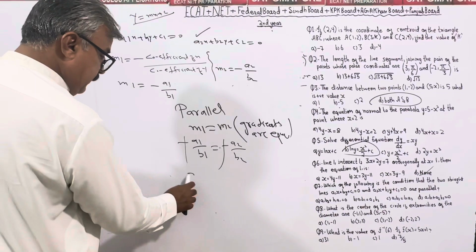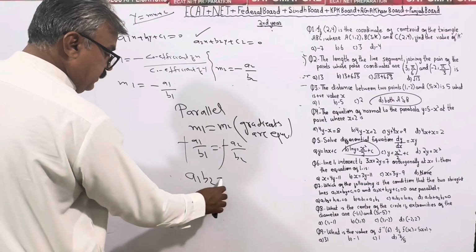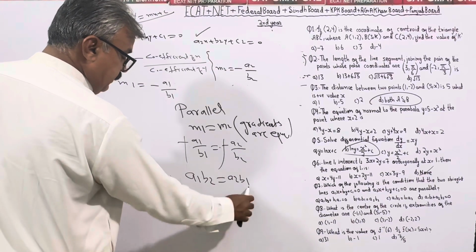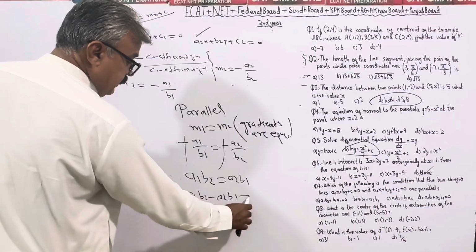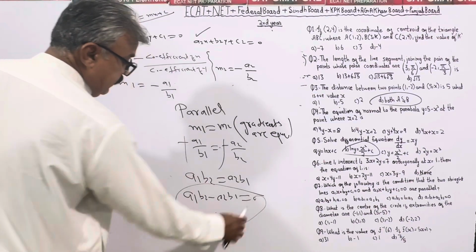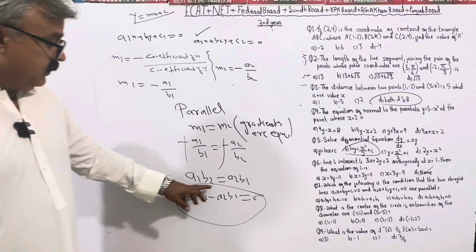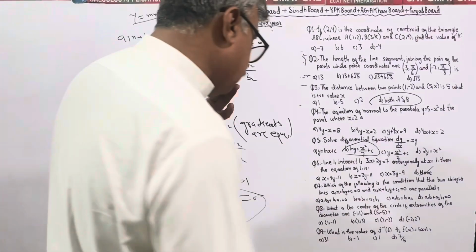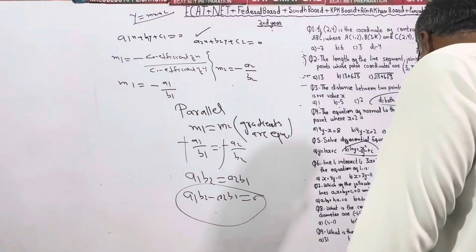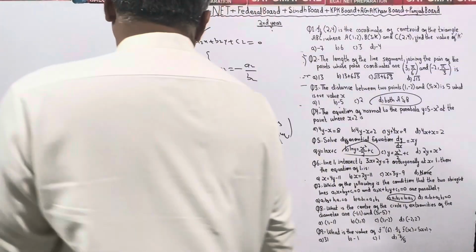Cancel out, cross multiply. a1 times b2 is equal to a2 times b1, or a1 b2 minus a2 b1 is equal to 0. They are equal, or their difference is equal to 0. So we have this one, a1 times b2, option B. That's the condition for parallel.